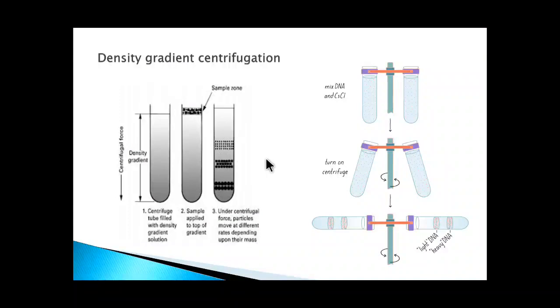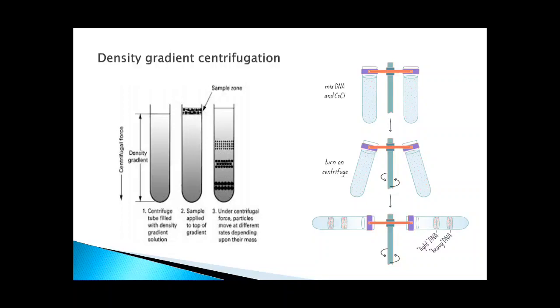For this, the isolated DNA was added to tubes having cesium chloride, and the tubes were subjected to a centrifugal force of 50,000 revolutions per minute for many hours till the DNA came to lie at a fixed position in the tube. Now, comparing the heaviness of the DNA of each generation, it was found that the DNA of the generation having completely heavy isotope was the heaviest.